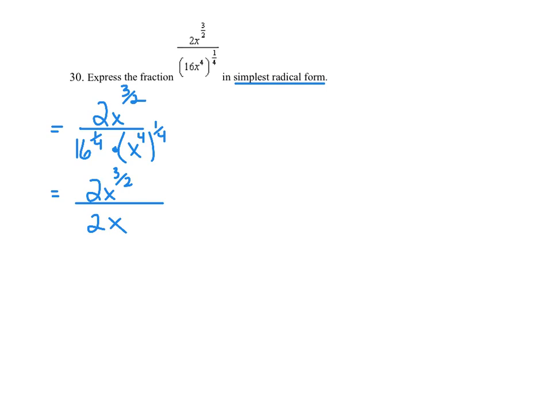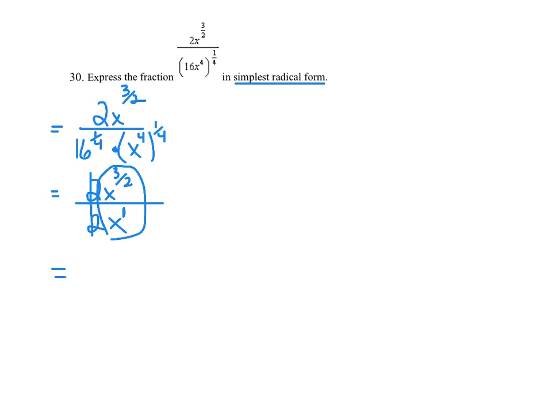Well, I look at this fraction and I say, oh, well, we've got common terms here. We can cross those out now, can't we? And then I'm going to look at what I have left here, and I see that when I have division, and let's look, right, this fraction line means division. Really, I have the same base, and when I have division, I can take my exponents and subtract them, right? Well, this exponent in the denominator is technically a 1. I mean, we don't have to write it, but I'm going to.